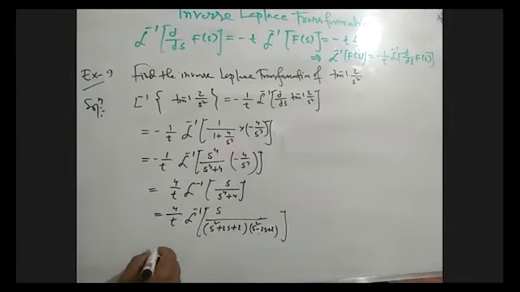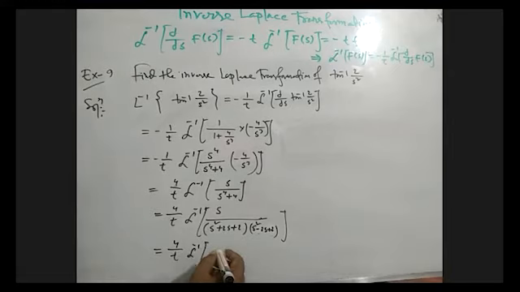So this can be written as 1 by 4t inverse Laplace transformation of this minus this in numerator.